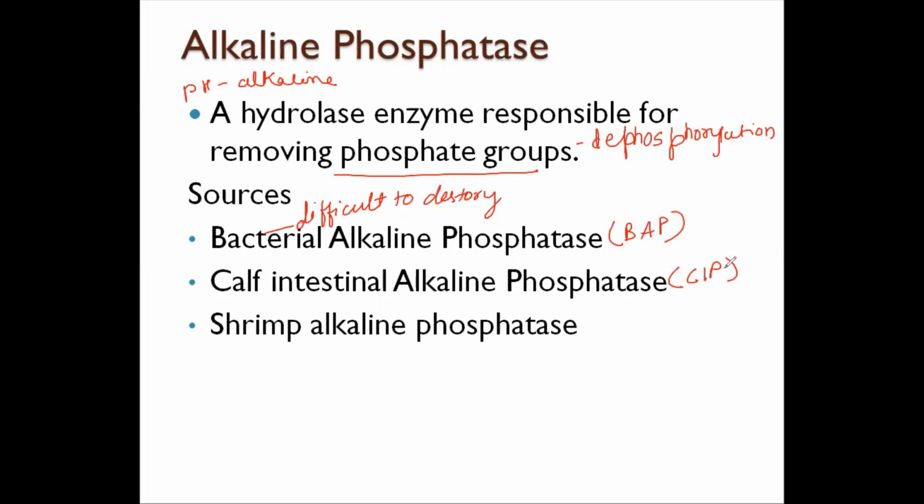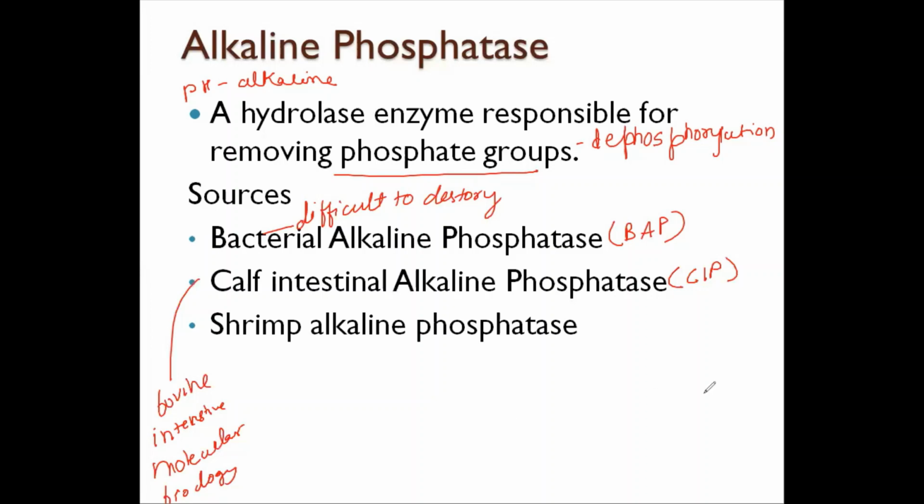It is obtained from bovine intestine, and it's not as active as BAP. This is widely used in molecular labs because it can easily be degraded once we are done with the reaction.